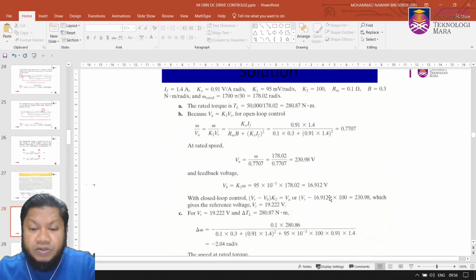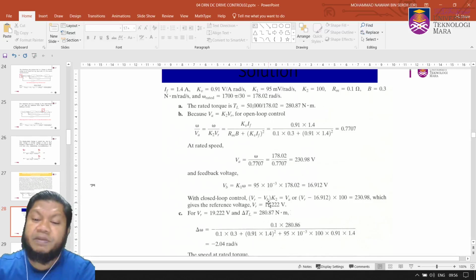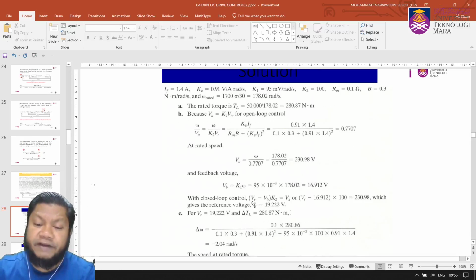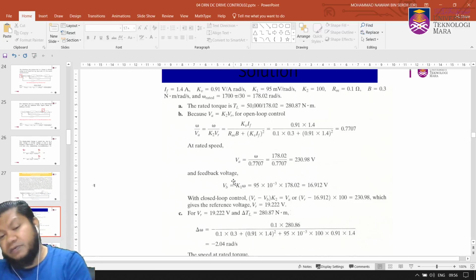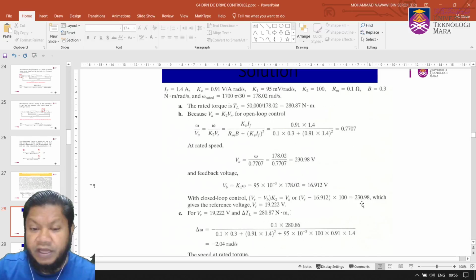With closed loop control, now we have VR minus VB multiplied by K2. You are given the reference voltage minus the feedback voltage from the speed, and that gives you 230.98.